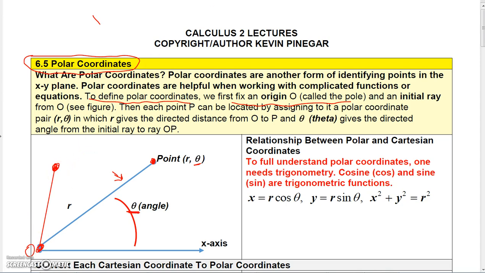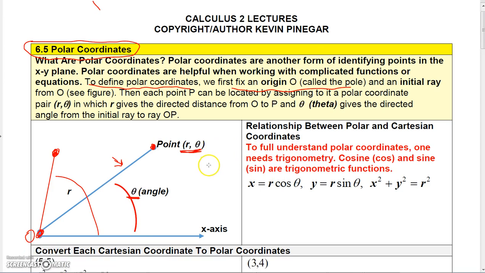And then the other thing you would need to know is the angle that this line segment makes with the x-axis. If you knew those two values, that would identify the location of this point. So basically, the distance it is from the origin and the angle that the line connecting it to the origin subtends with the x-axis.